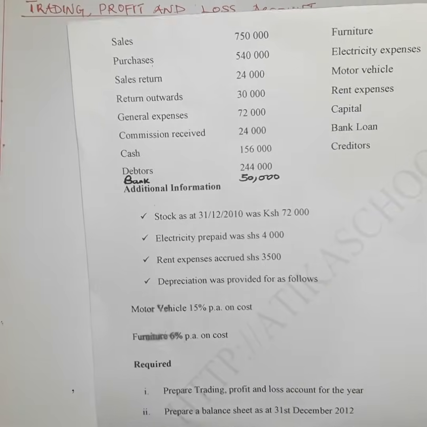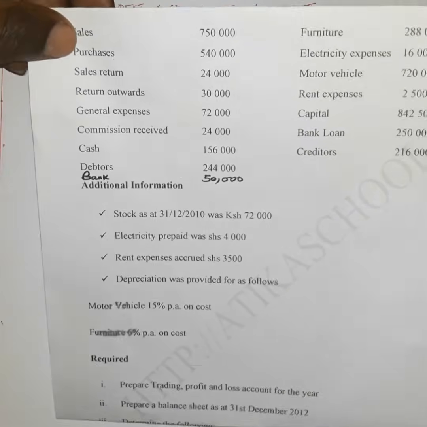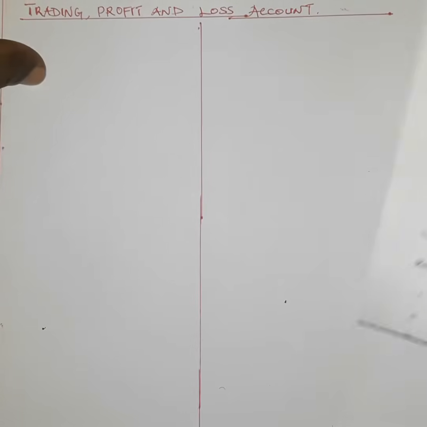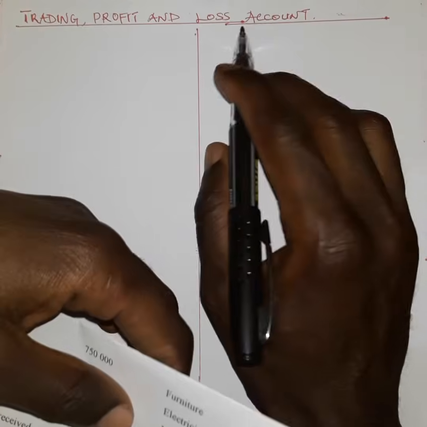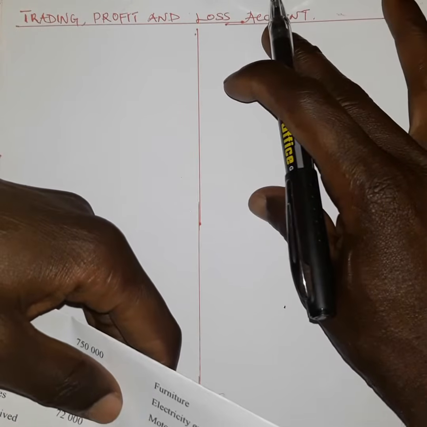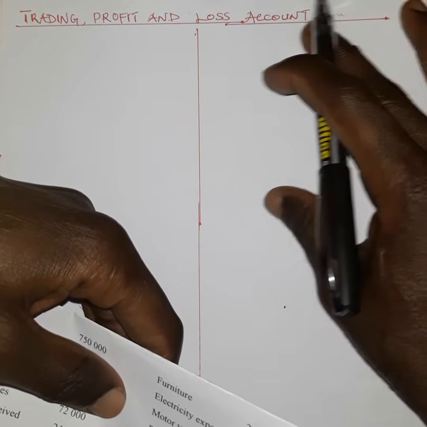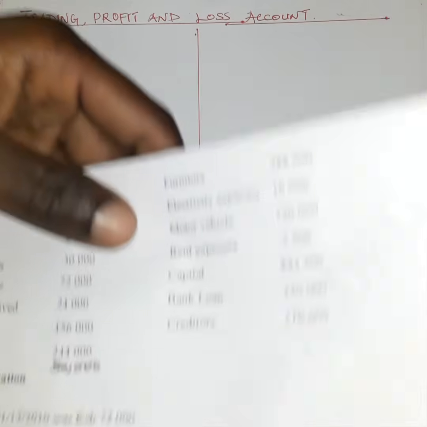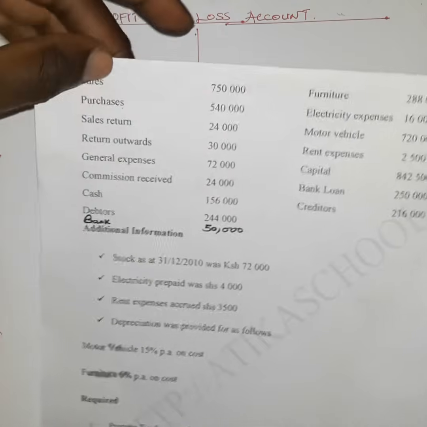Sales normally have a credit balance, so we always have sales on the right hand side, that is on the credit side, and any items which affect sales.